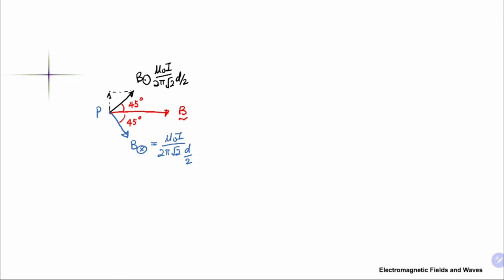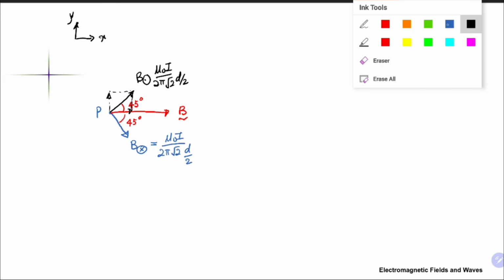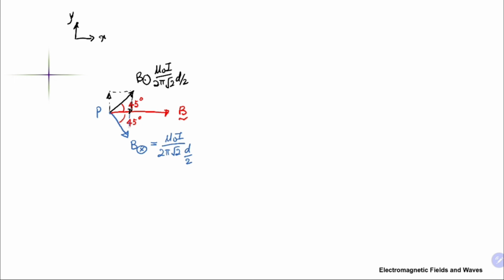If I call this my y and x, this will be my x component, and this will be my y component. Similarly for the blue one, I also have an x component and a y component.